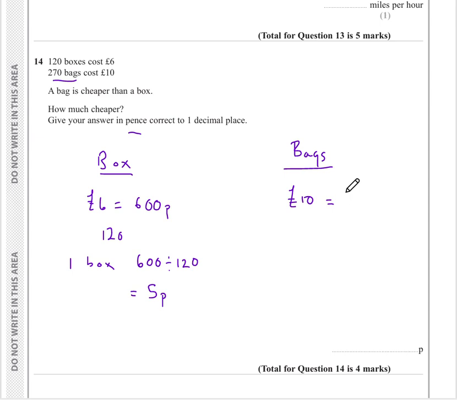So £10 is going to be, times it by 100, 1,000 pence, and 270. So we're going to do cost for 1 bag is going to be 1,000 divided by 270. And put that into the calculator. It's going to give an answer of 3.707.